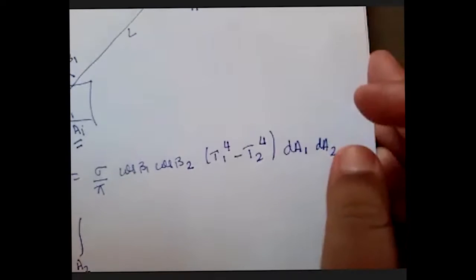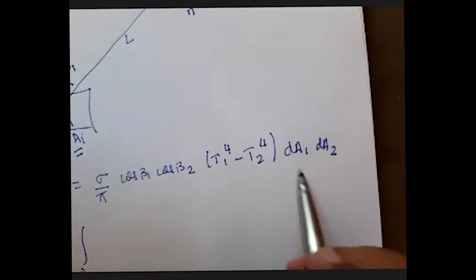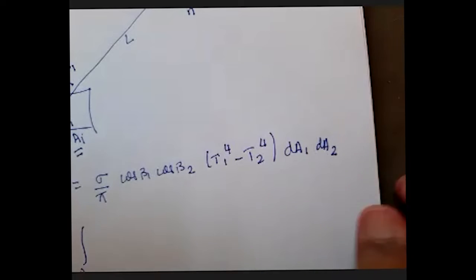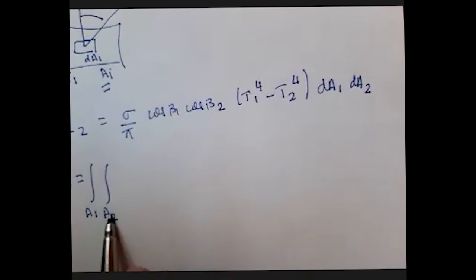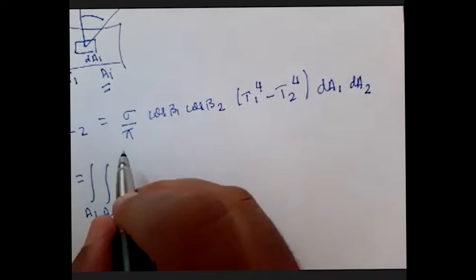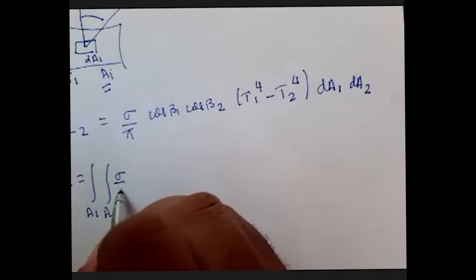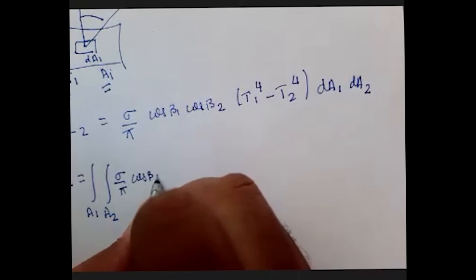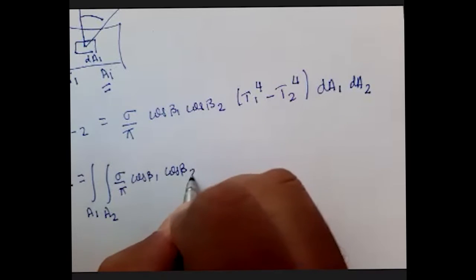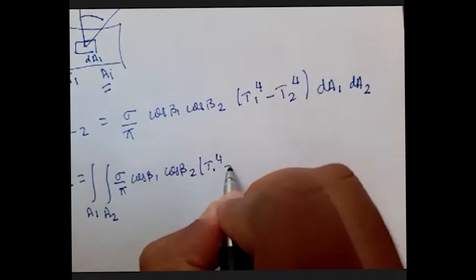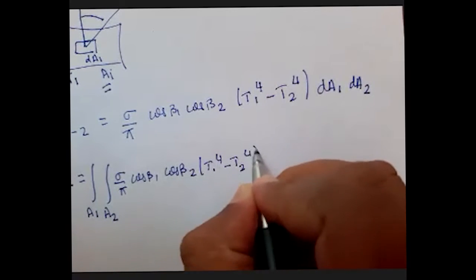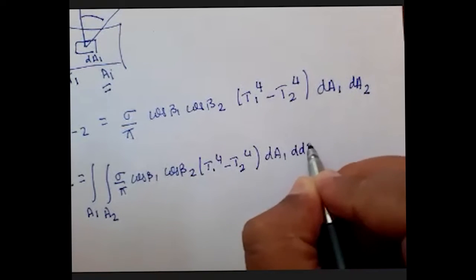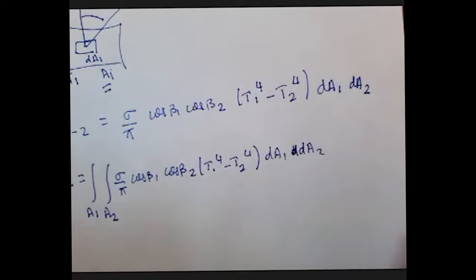To get the whole surface, we just integrate over the surface. So it will be the integral over A1 and A2 of sigma by pi cos beta 1 cos beta 2 into T1 raised to 4 minus T2 raised to 4 into dA1 into dA2.